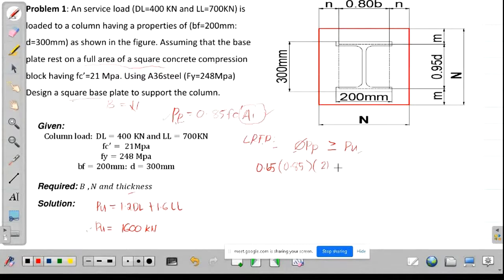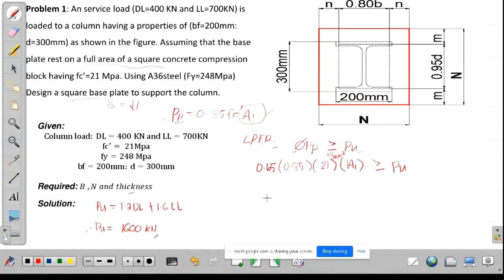So yung 1 mm squared, 21 multiplied by our area 1. This should be greater or equal to PU. Okay. So meron na tayong PU, that is 1,600. Naka-kilonewton ito. Yung 21 natin, naka-newton mm squared tayo dito. Okay? So, dapat i-convert mo niya yung 1,600 kilonewton into newton before substituting yung values.